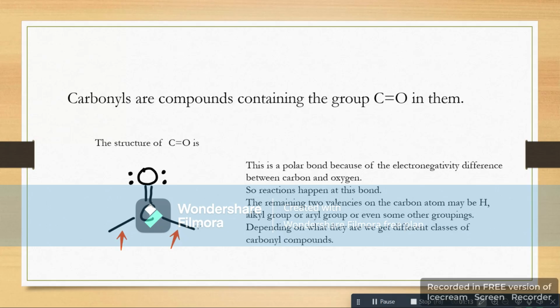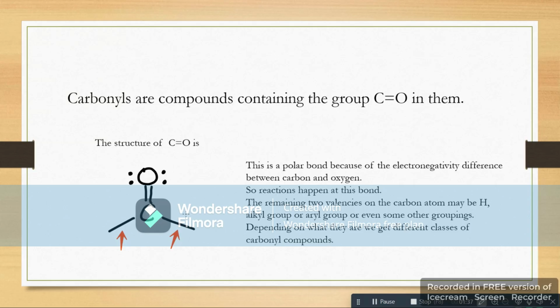It may be attached to hydrogen atom on one side or both sides. It may be attached to an alkyl group or both alkyl groups, aryl groups, or even some other groups like OR, and so on. And depending upon what they are attached to, we get different classes of carbonyl compounds.